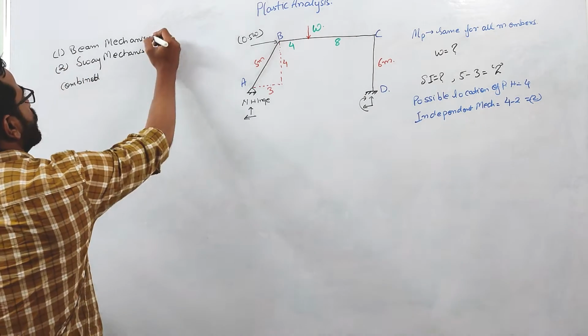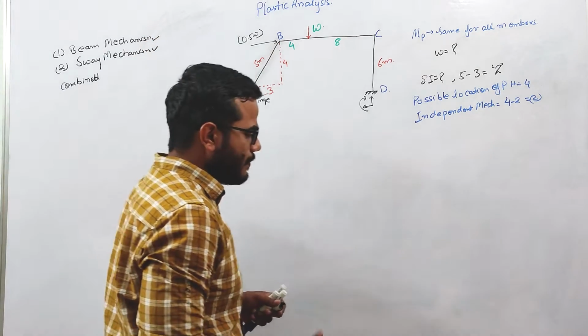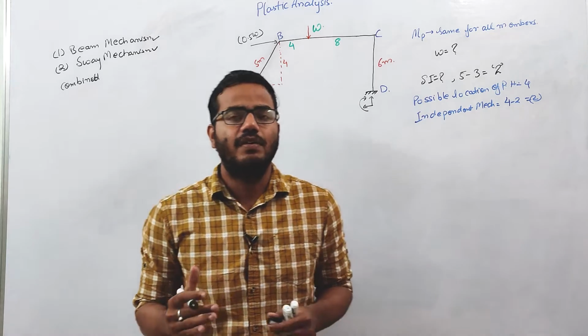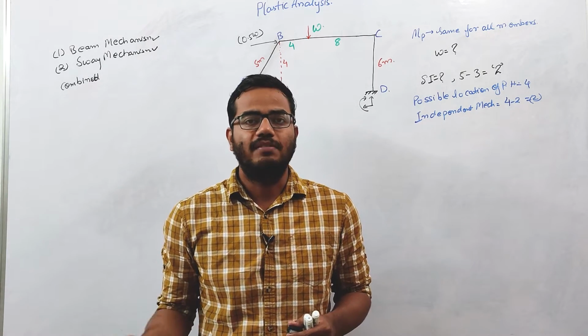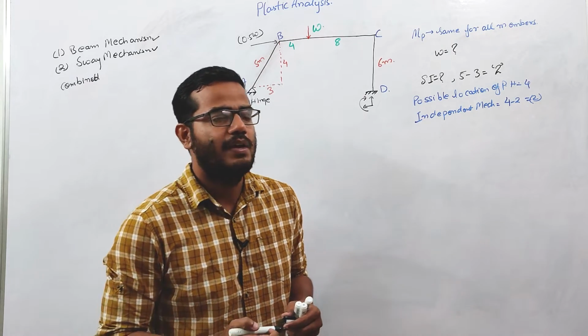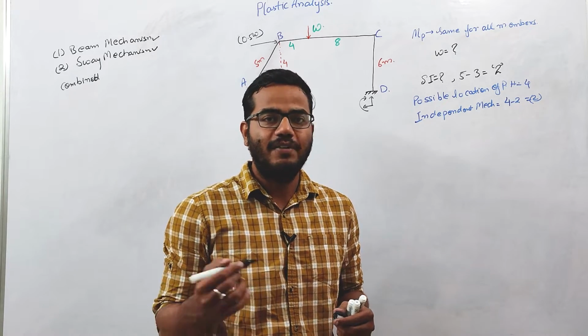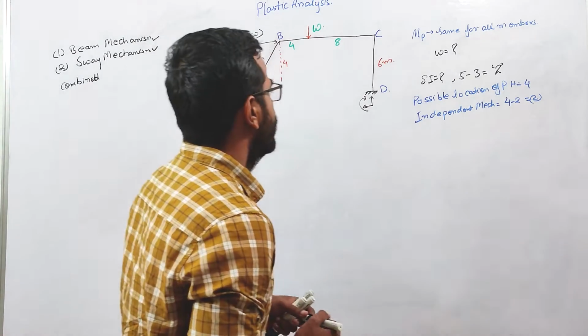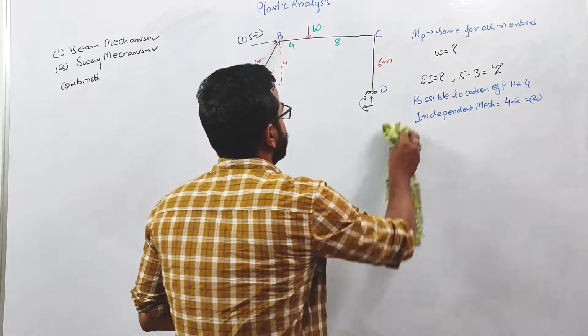These are both independent mechanisms. So now we have two independent mechanisms, one is the beam mechanism, the other is the sway mechanism. So we need to calculate the collapse load separately for these mechanisms. Okay. And whichever load comes out to be less, that will be our design load.